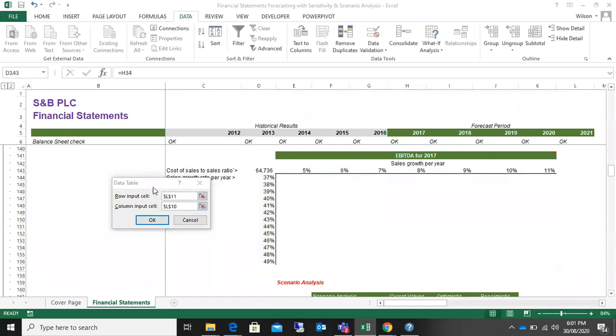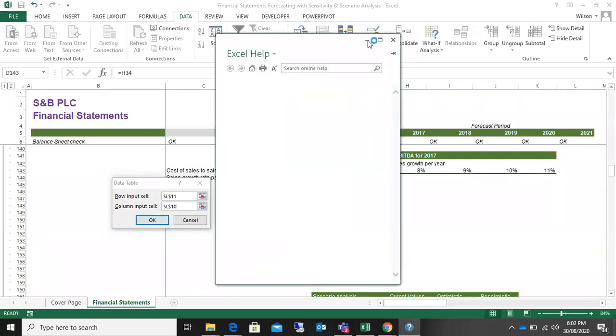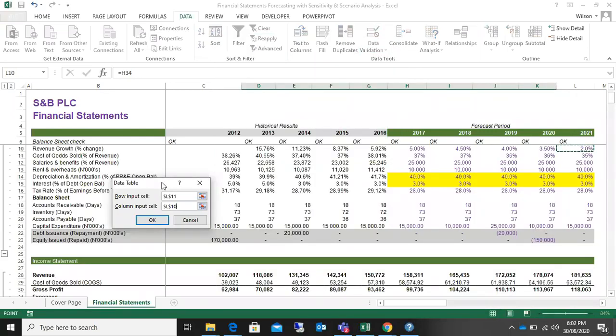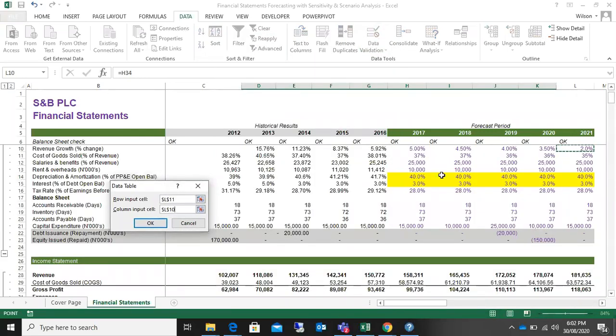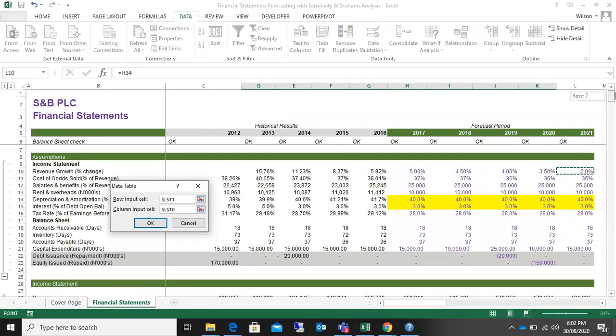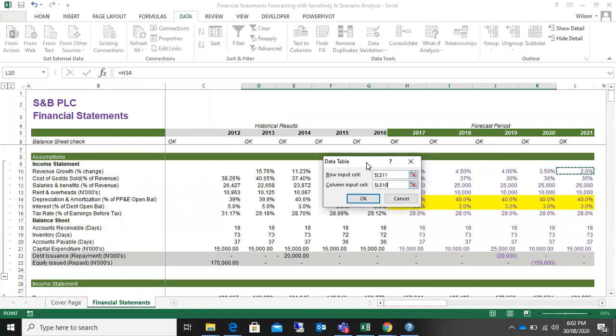All right, so sorry, please. So scroll down. I think we have selected all that we need to select. Let's do that again. So for row input, the row is the revenue growth, which we have selected here. So revenue growth, which I have selected, then the column is cost of goods sold.